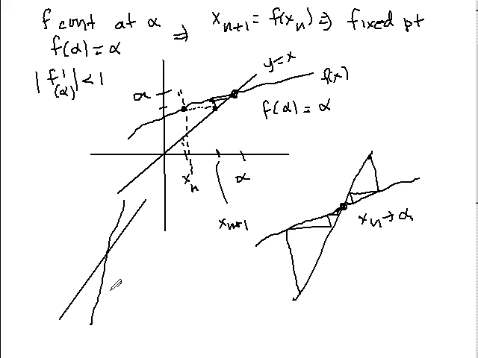Now, what happens if the other case is true, if it's steeper than 1? Let's cross it like this. Here's my f of x, here's y equals x, and here's my axis. Suppose this is my point here. How do I calculate it? I go up here until I calculate my xn plus 1, and now I'm over here.